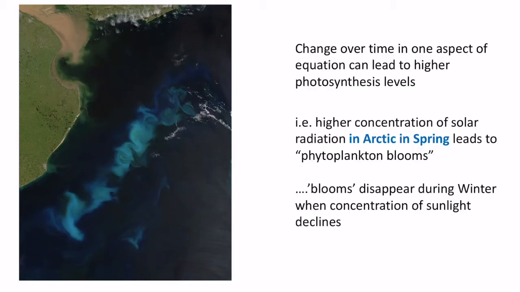So in the Arctic in spring, solar radiation is much more concentrated in that area, and therefore there's more sunlight for the phytoplankton present in that surface ocean to bloom and grow. When I take away that solar concentration, when the solar radiation is weaker in the winter months in the northern hemisphere, then that disappears and will only reappear again when the radiation is more concentrated next spring.